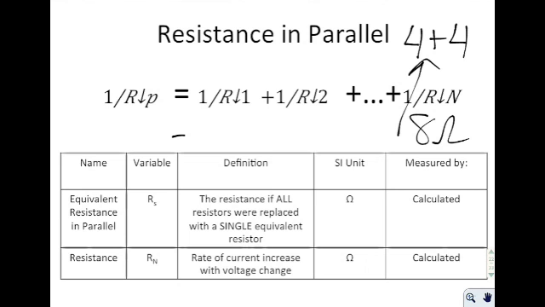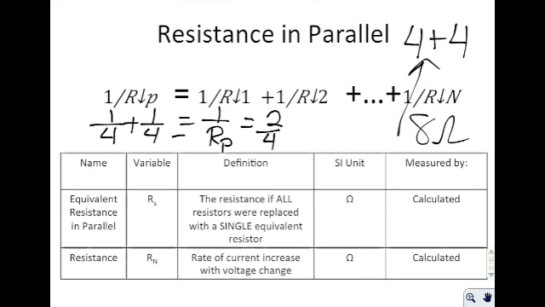If you were to do the same thing with parallel circuits, you would say that 1 over 4 plus 1 over 4 is equal to 1 over Rp. Well, 1 over 4 plus 1 over 4, please get this right, is not 2 over 8, but instead it is 2 over 4.